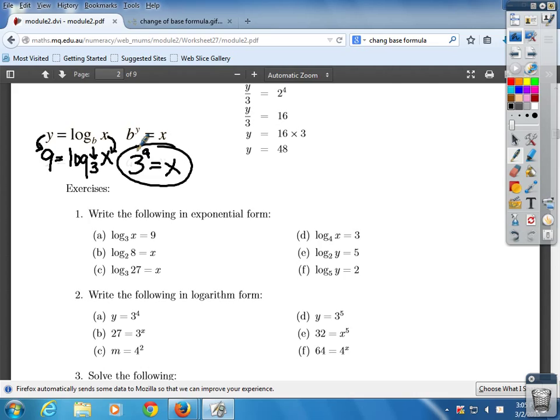And what they're getting used to, what they're trying to get you to do, is to be able to change it real quick. So this would be 2 to the what? 2 to the x is equal to what? 8. So you gotta put it right up under here. So you do it again.